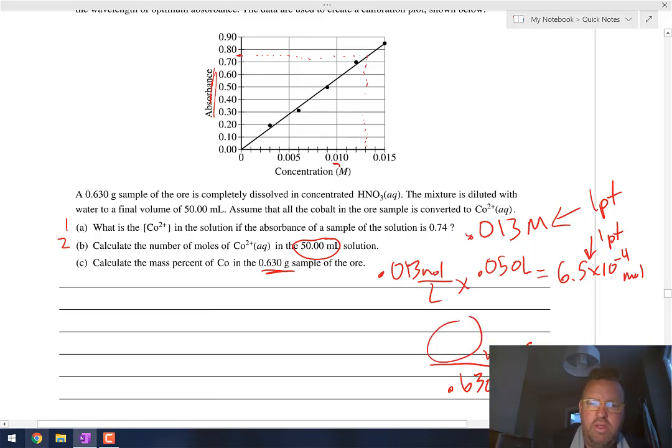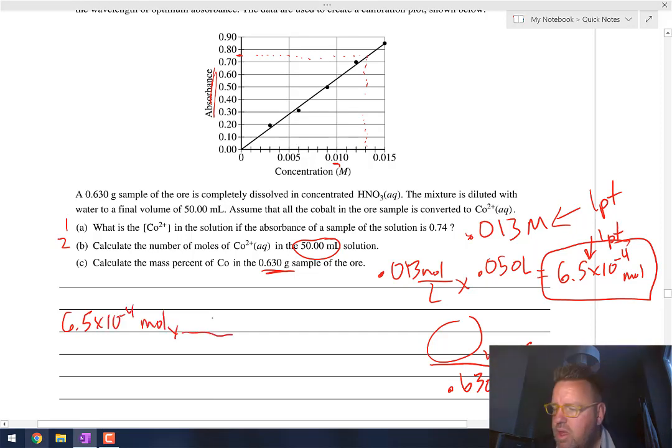And we know that, again, we've got the moles of the cobalt in part B. So the first thing we're going to do is we're going to take 6.5 times 10 to the minus 4th moles. And then we're going to use the molar mass. 1 mole of cobalt has a mass of 58.93 grams. And I get a mass of 3.83 times 10 to the minus 2nd, or just 0.0383 grams.